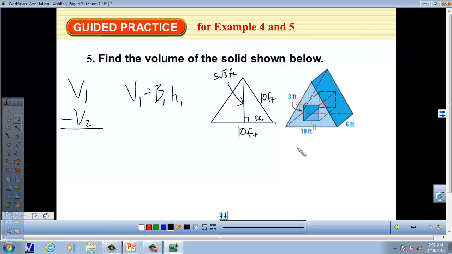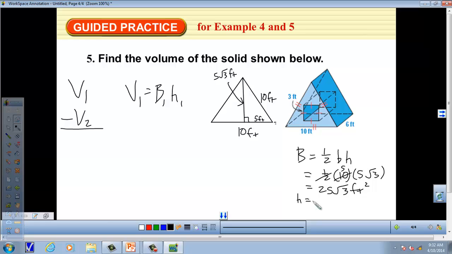Okay, so to find the area of the base, again, we're going to use 1/2 base times height. And the base here is 10. The height is 5 root 3. I'm just going to simplify. You get a 5 there. This becomes 25 root 3 square feet.